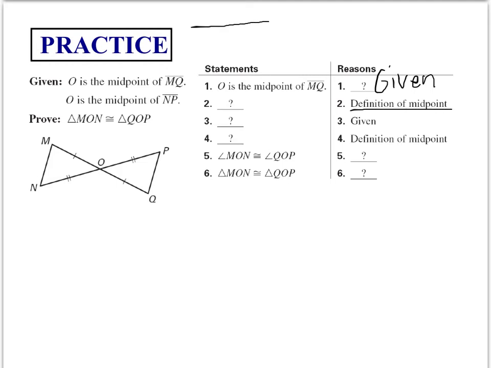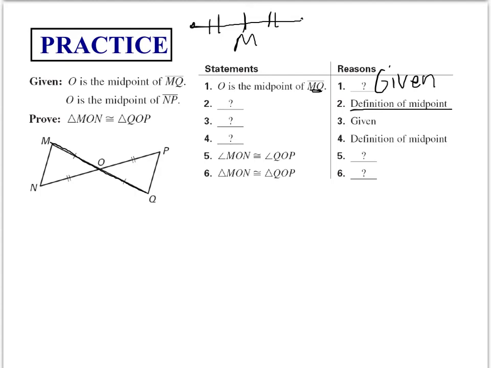Now I want to remember that if we have any segment, line, anything like that, and I tell you that it has a midpoint, then you automatically know that these two segments need to be congruent. It's a midpoint, it splits it in half. So if in the first statement we're talking about segment MQ, that means we're talking about this segment right here.